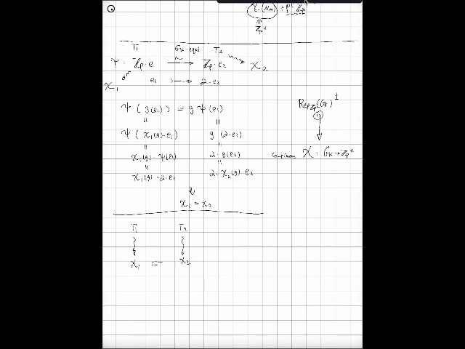If chi 1 equals chi 2, then the question is, is T1 isomorphic to T2 GK equivariant?